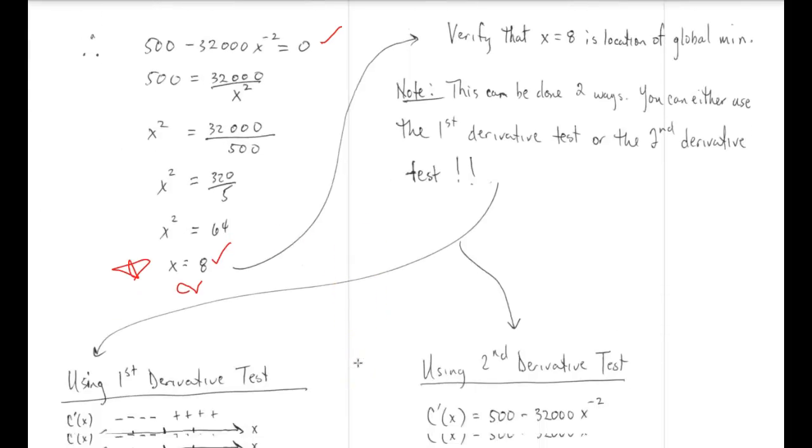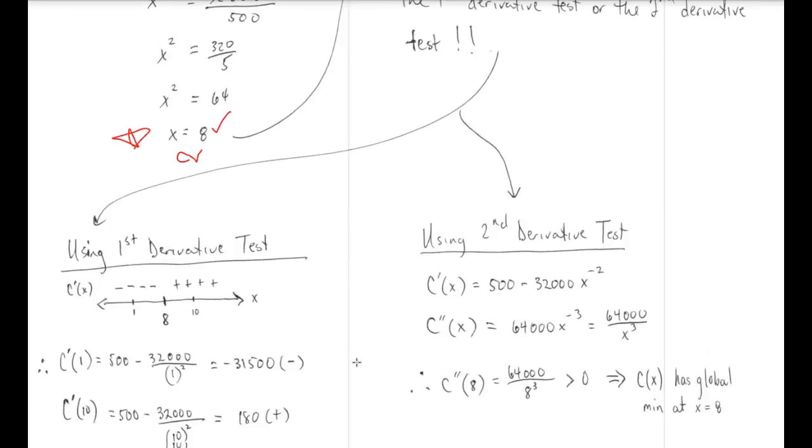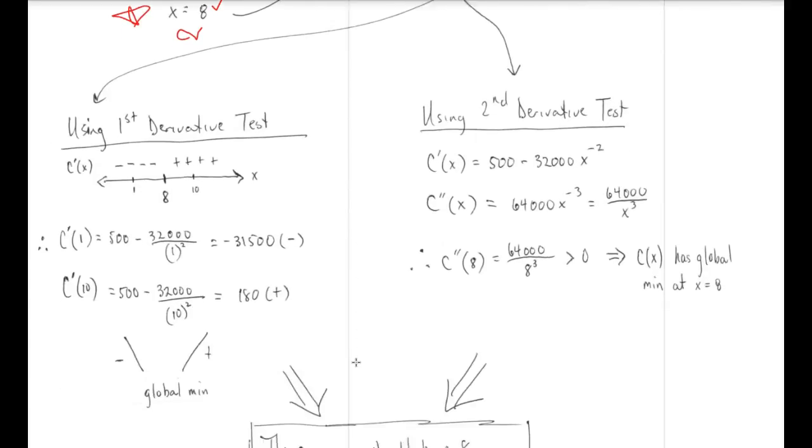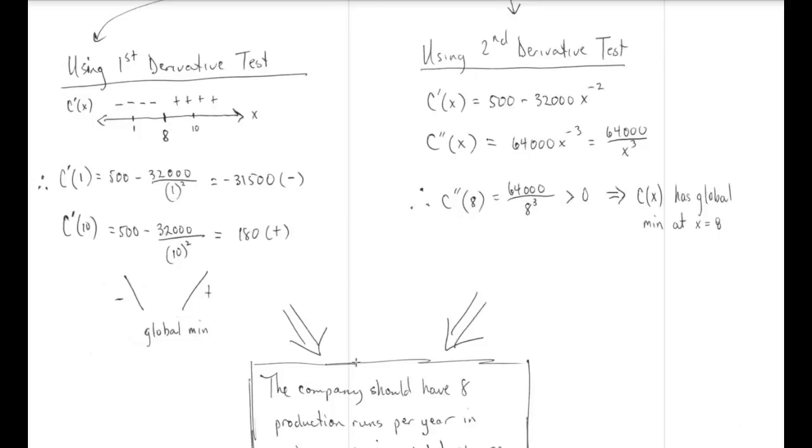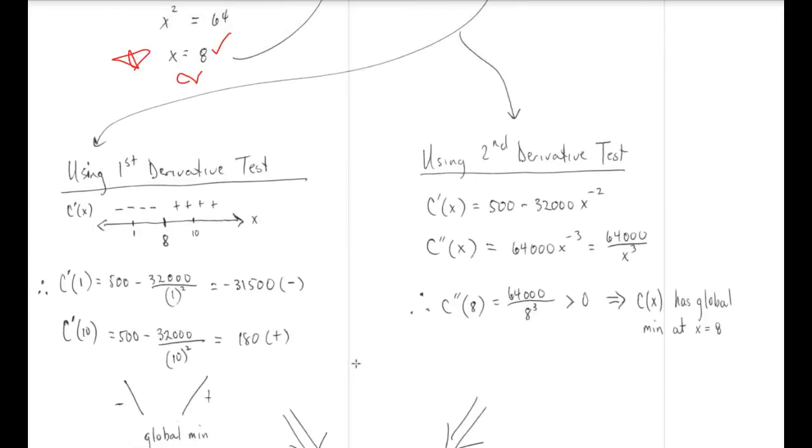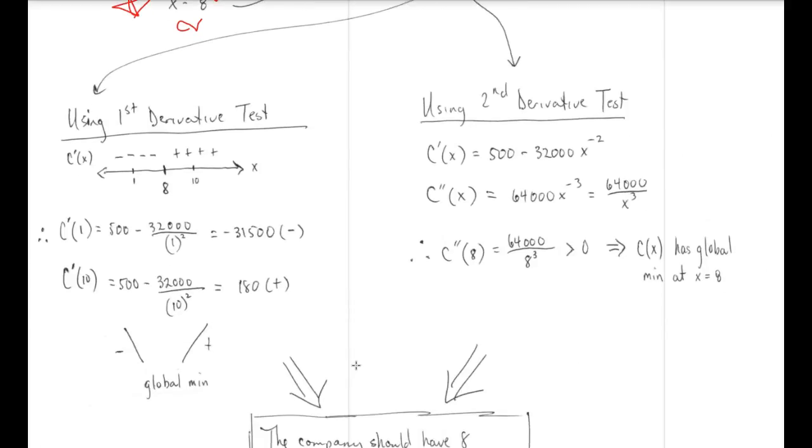So I come here and I actually work it out both ways by using the first and second derivative test. If we're looking back at our derivative for our cost function, and I'll just use this since I have the same thing here. Using it for the first derivative test, I just plug in 1 into my first derivative, and I plug in 10 because I chose those as my test values on either side of my critical value, which was X equals 8.